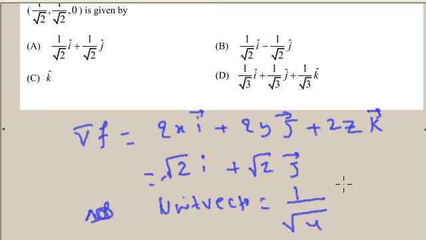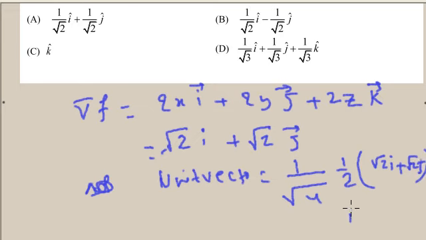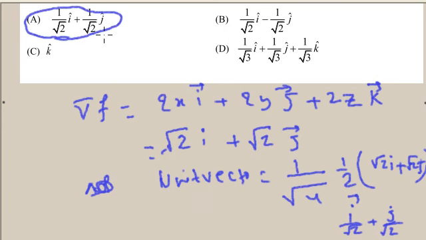That means 1 by 2 into root 2 i plus root 2 j, that means i by root 2 plus j by root 2. So i by root 2 plus j by root 2 is the correct answer.